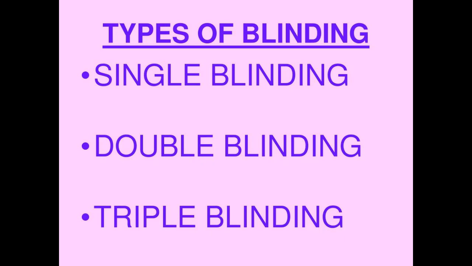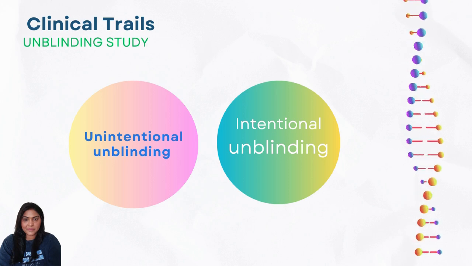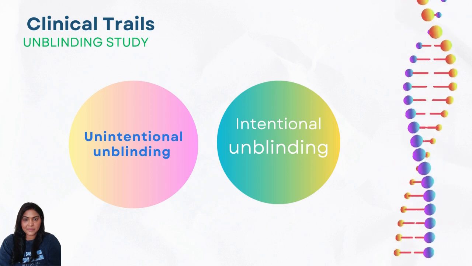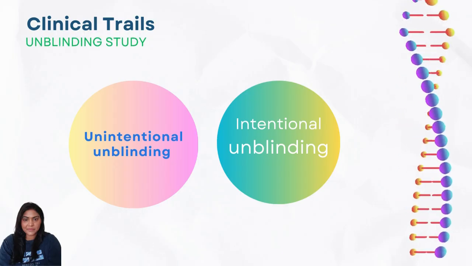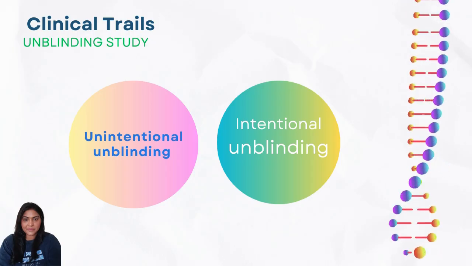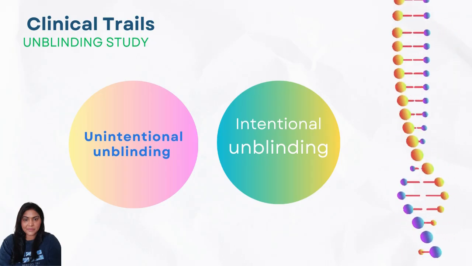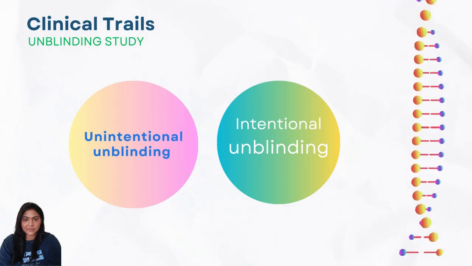Now let's discuss unblinded studies. Unblinding in some situations can be unintentional unblinding or intentional unblinding. An unblinded study is a clinical trial where the treatment the participant received is known to the research team and the participant.